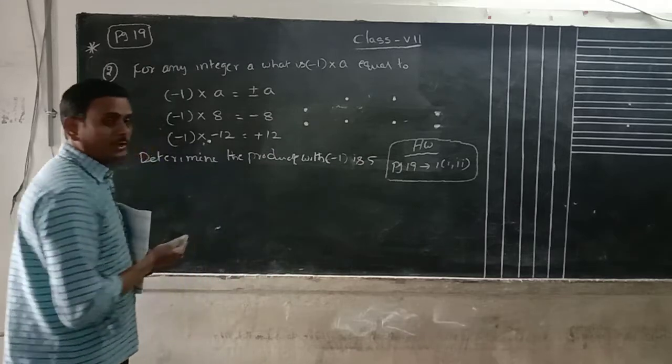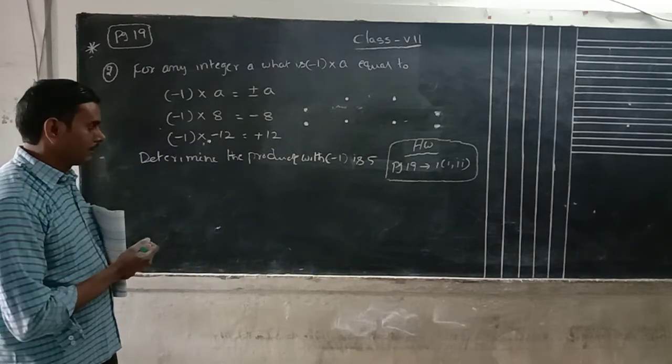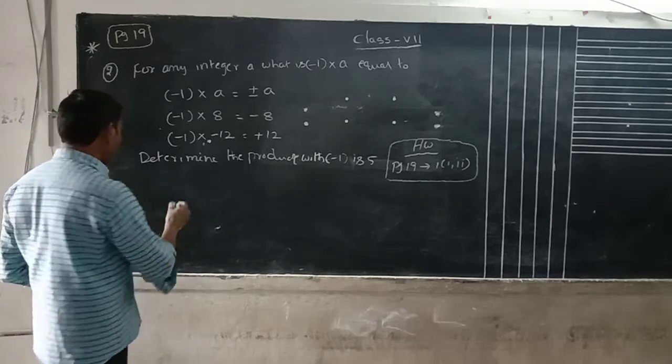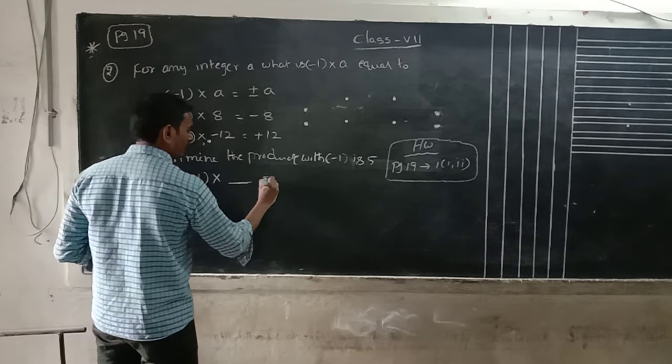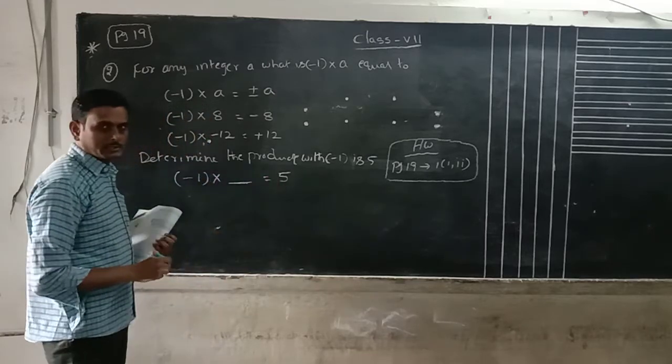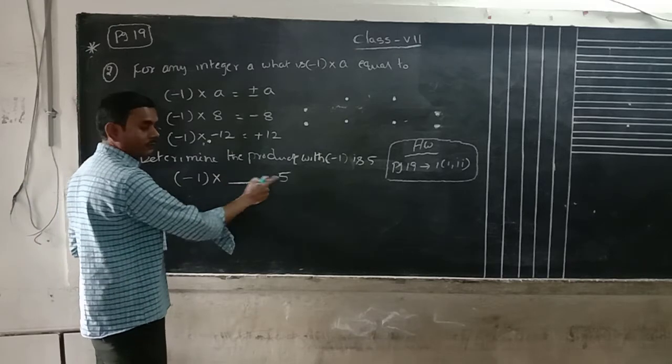That means by which number do you have to multiply to get 5? Minus 1 should multiply with which number to get 5? Can you guess?